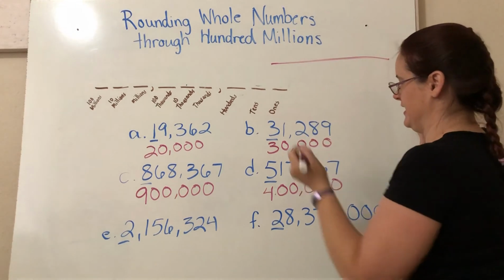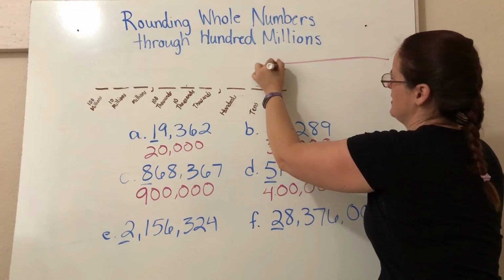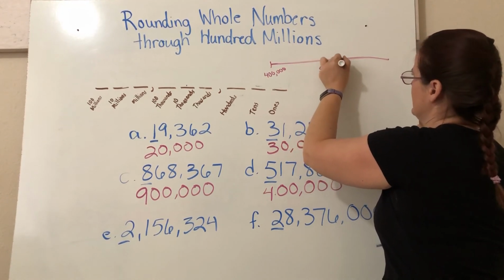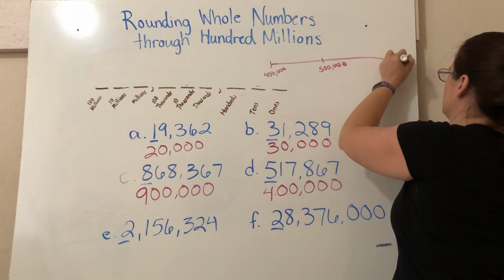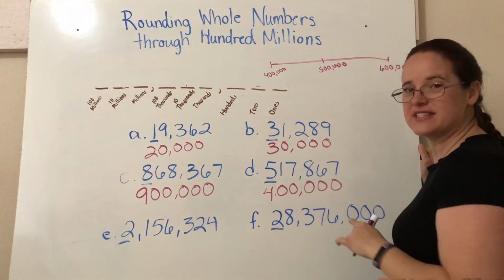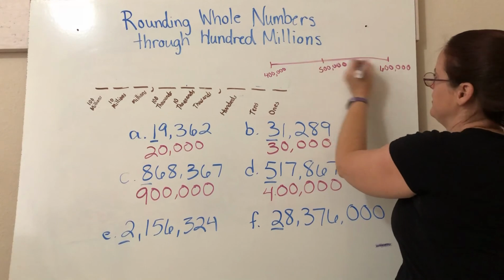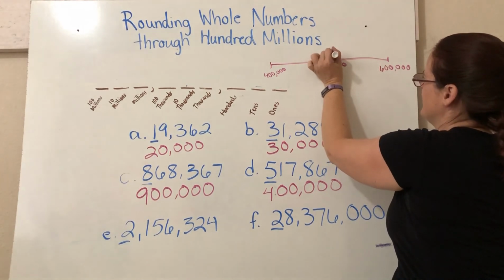If we have a number line up here and we have 400,000, and then we have 500,000, and then we have 600,000, where would 517,867 go? Well, it would be somewhere here in between the 500 and 600,000, maybe about right there, if that's our number.